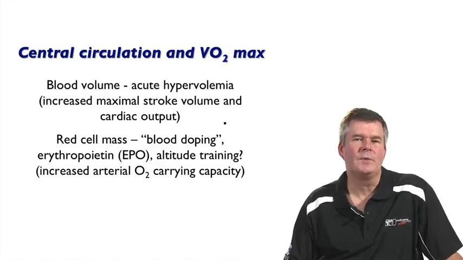Erythropoietin, a hormone released from the kidney in response to low oxygen levels, stimulates the production of red cells and was a popular chemical used to try and improve endurance performance. Similarly, that's been banned. And altitude training, one of the adaptations to exposure to altitude is to increase red cell mass.